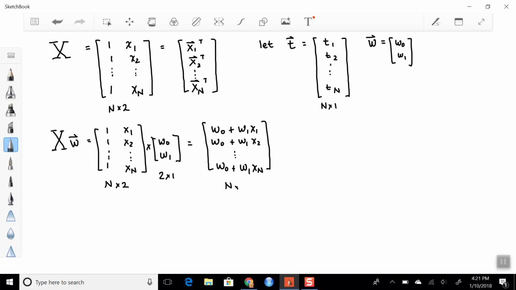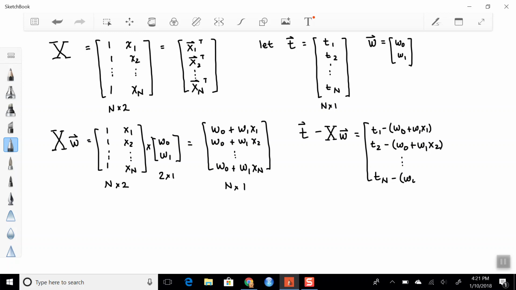Okay, and this is an n by 1. All right, and thus t, the vector t minus xw is going to be the quantity t1 minus w0 plus w1 x1, t2 minus w0 plus w1 x2, down to tn minus w0 plus w1 xn.